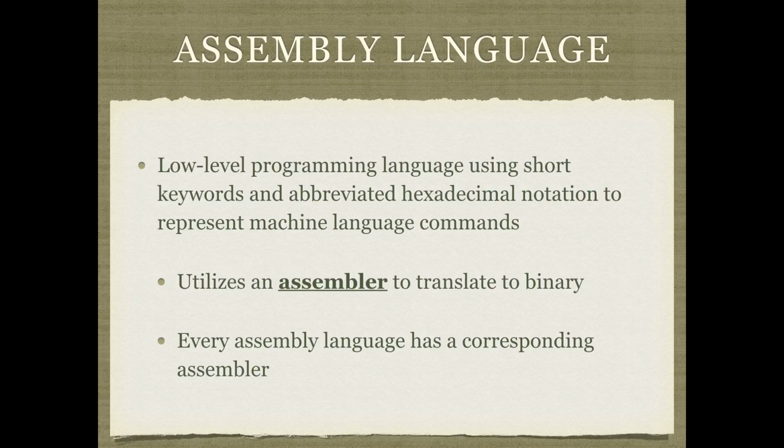So assembly, again, low-level programming language, but the key distinction here is that instead of having to write actual ones and zeros, we have short keywords and abbreviated hexadecimal notation to represent these commands.